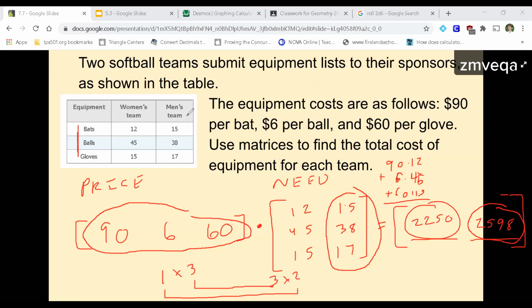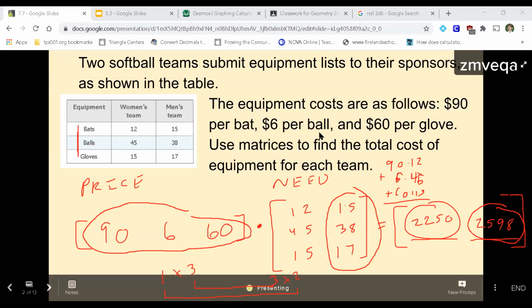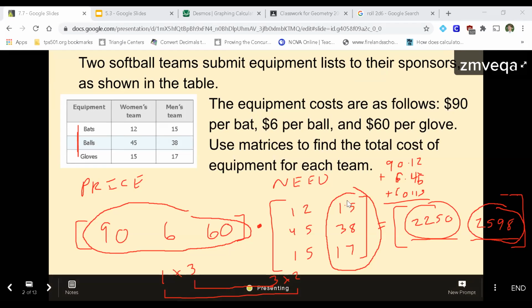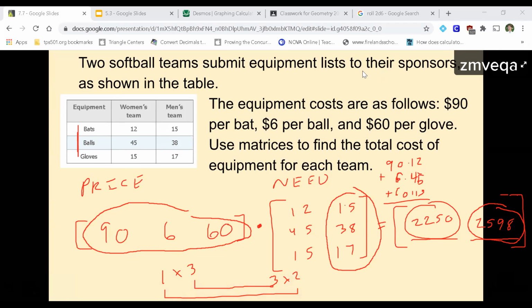The real point of this example is to show you how this methodology works, because when businesses have a whole bunch of equipment they need, like a huge list of 25 different things they need for each building or each franchise, and then they get the price it costs, they use matrices to do it once these things become really large and complex. So it's a small example to show you how it could be translated into a really big example that you could then apply in real life.